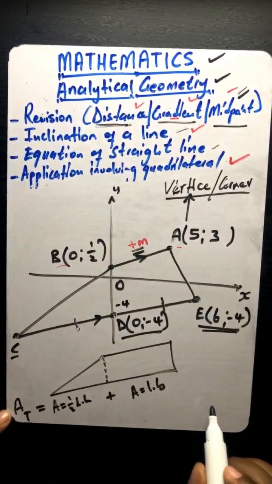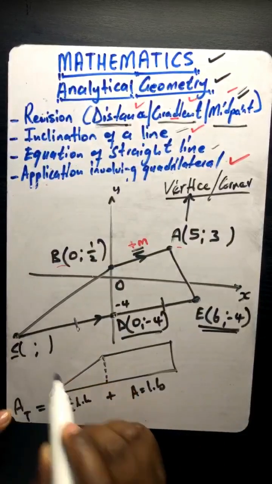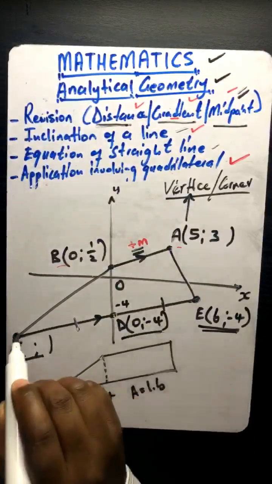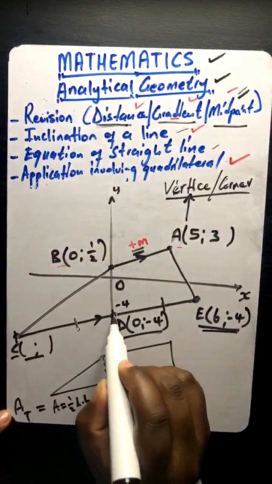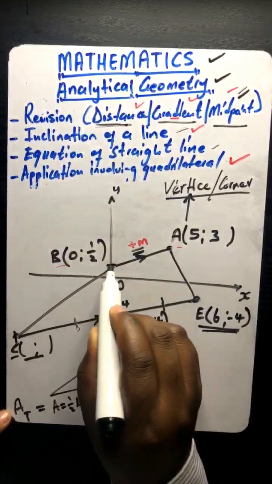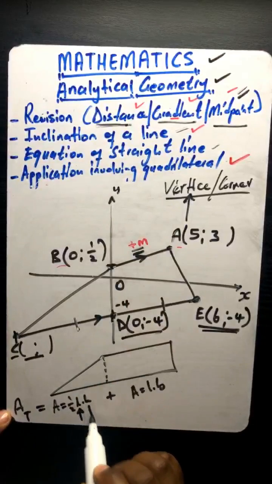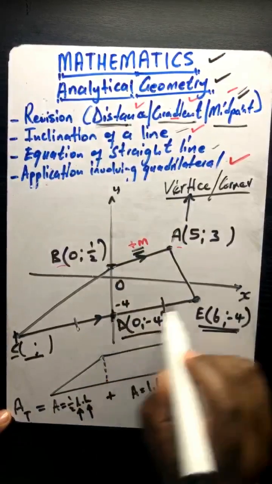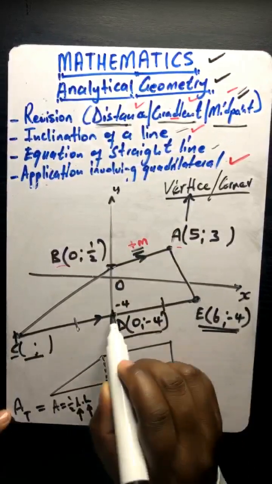So you will need to use, for example, this point and that point to know the length from there to there. You can still use this same point and that one to know the length from there to there. Then that's where you substitute your length and your length. Then, since they said from here to there is equal to there to there, you already know from there to there.